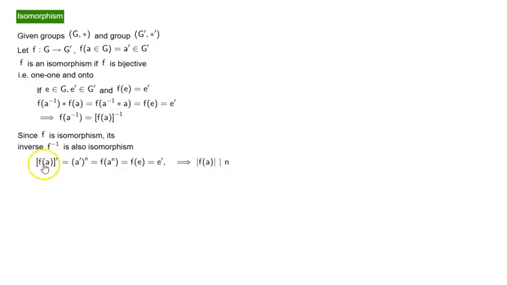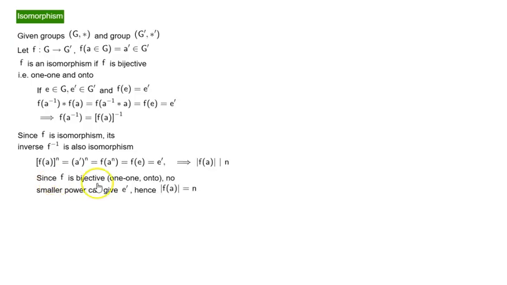So F of A to the power of n is equal to F of A, which is A prime. So A prime to the power of n is equal to F of A to the power of n, which is equal to F of E, because n is the order of G. So F of A to the power of n, A to the power of n is E. So F of E is equal to E prime, which implies that the order of F of A divides n.